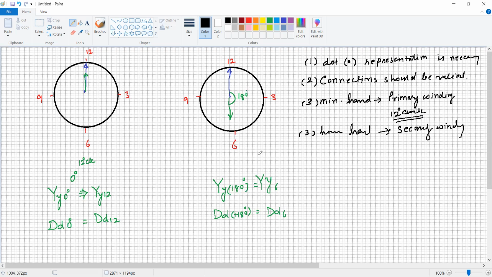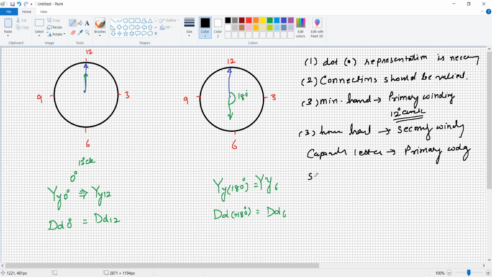Okay. Now the vector group representation. The capital letter represents the primary winding. This is the first letter.